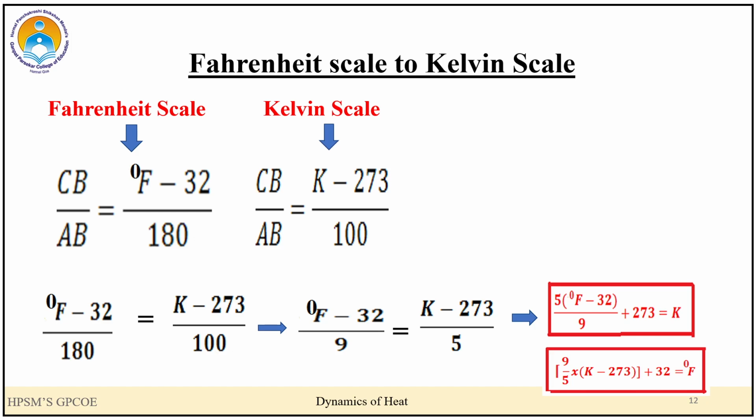When we rearrange, we get the Kelvin scale, K equals 5 times (degrees Fahrenheit minus 32) divided by 9 plus 273. Or if you want to know degrees Fahrenheit, then we get 9 by 5 into (K minus 273) plus 32.